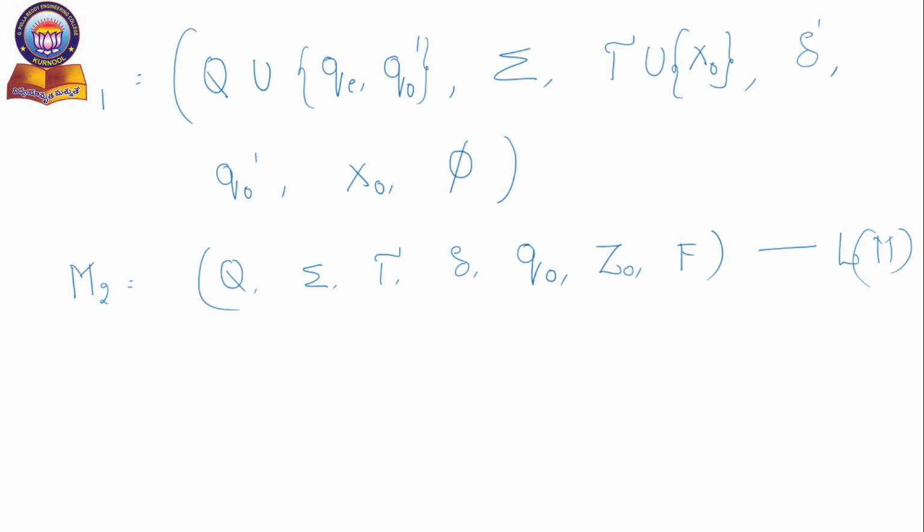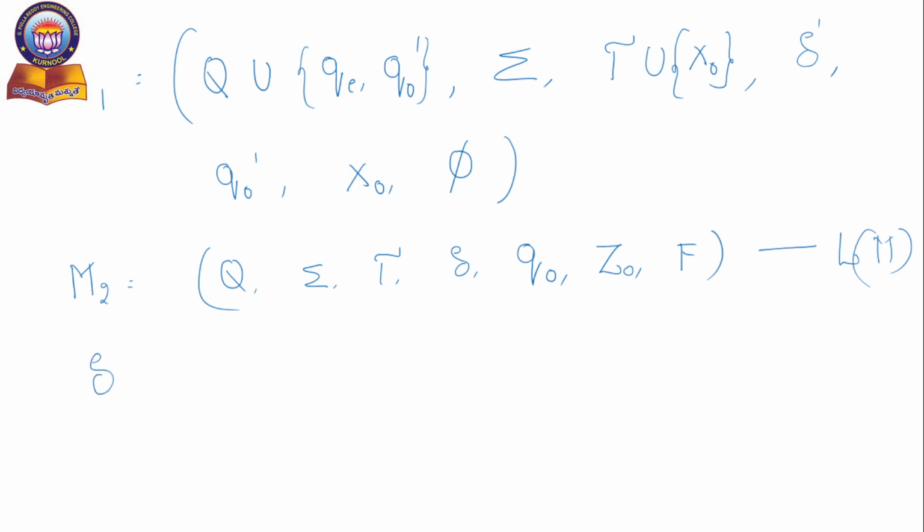The input alphabet is the same for the two machines. Tau for the M1 will be tau union X naught. And delta prime, I will tell the rules. Q naught prime is the initial state and we are adding a new stack symbol X naught and making it the initial stack symbol. Pi is the last component. That means we are accepting the language by emptying the stack.